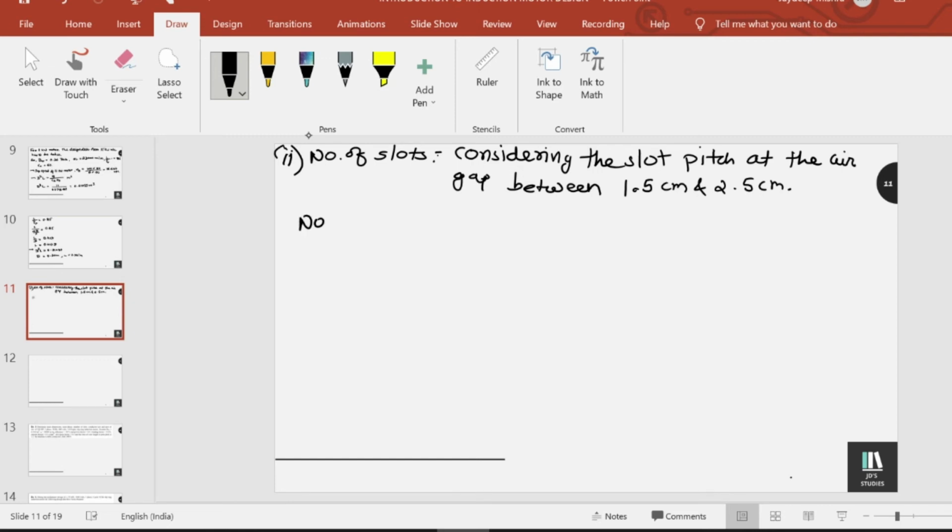Number of slots is equal to pi D divided by slot pitch, where slot pitch is TS. So we will get the number of slots.